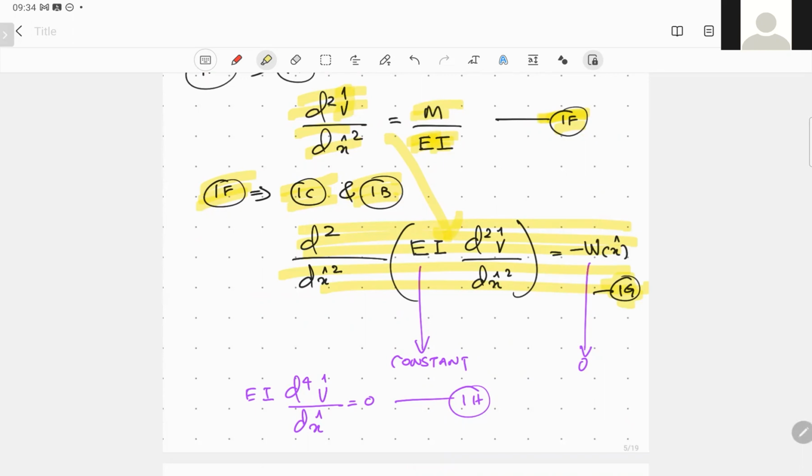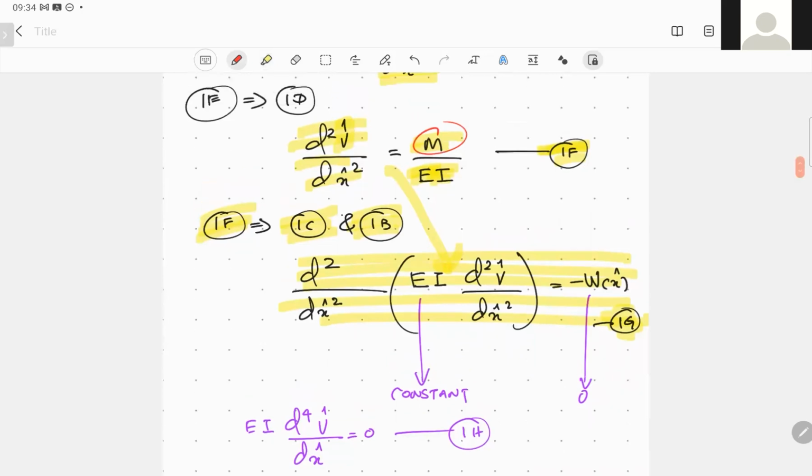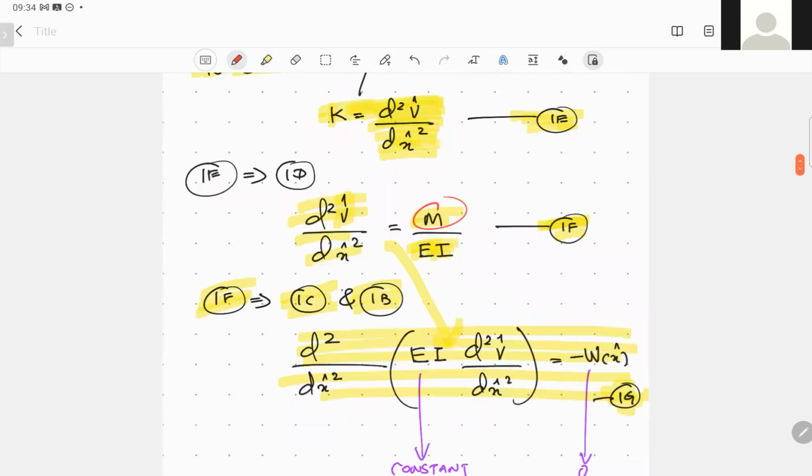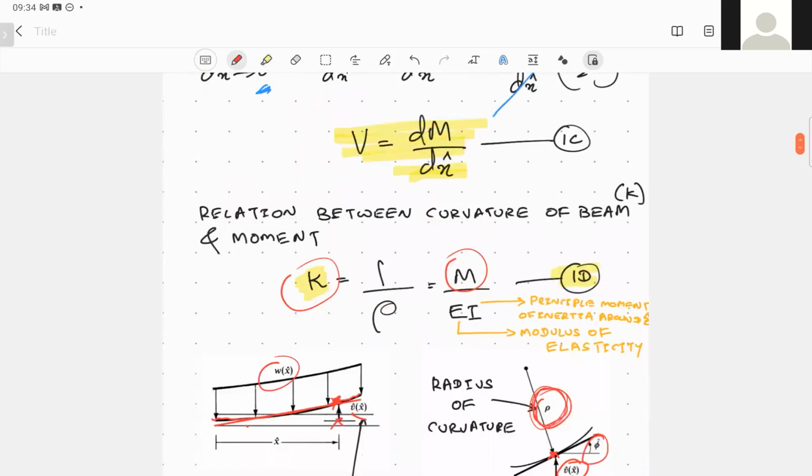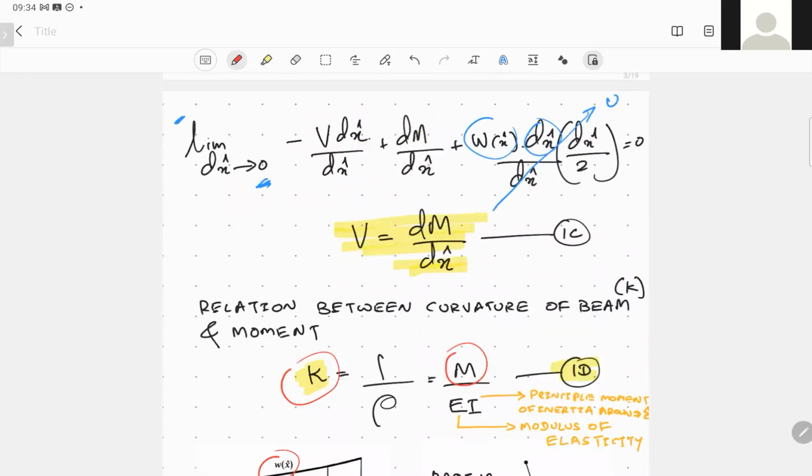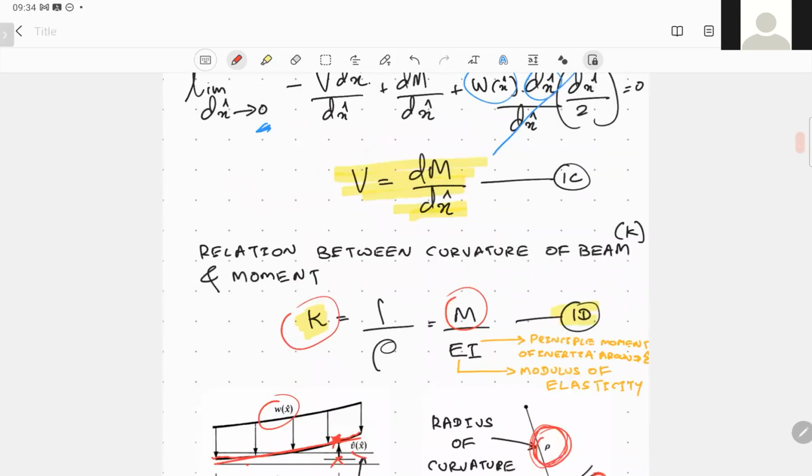I found the bending moment value using equation 1f and substituted it in equation 1c. Then you take the derivative of this bending moment to get the shear forces, and that is what I have done here.